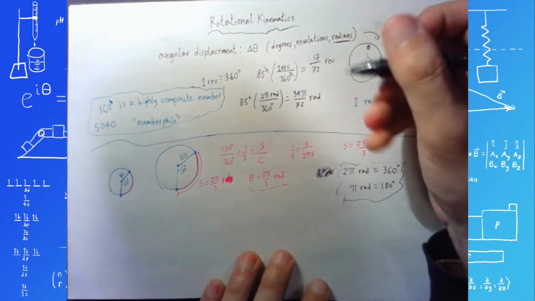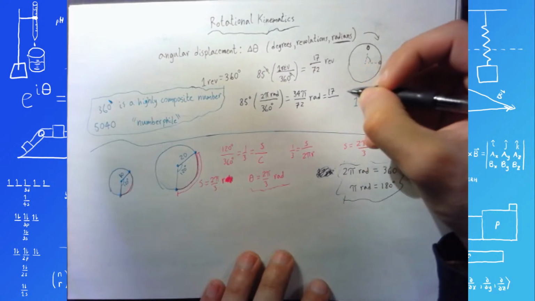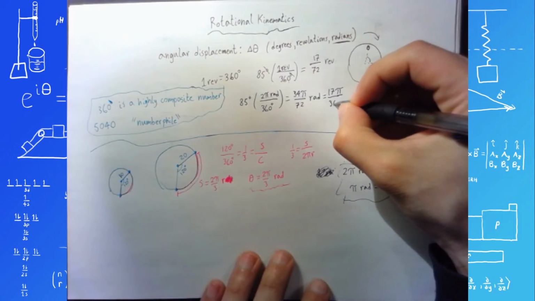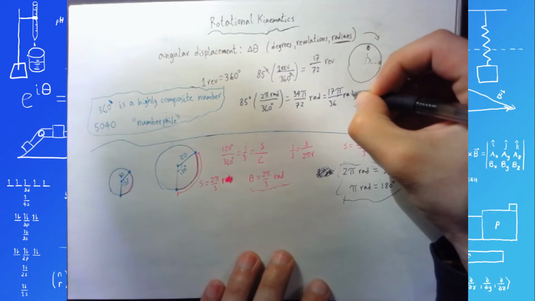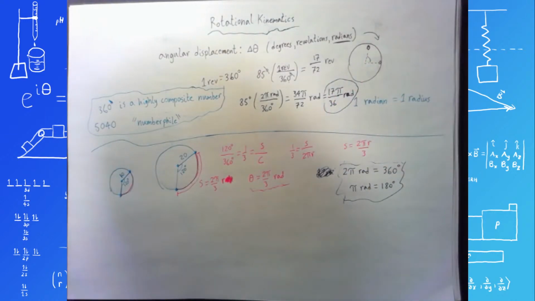And I guess we can reduce, this would be also 17 pi over 36. And I could plug in the value of pi here and get whatever this actually is. It'll be some sort of nasty number with a bunch of decimals.